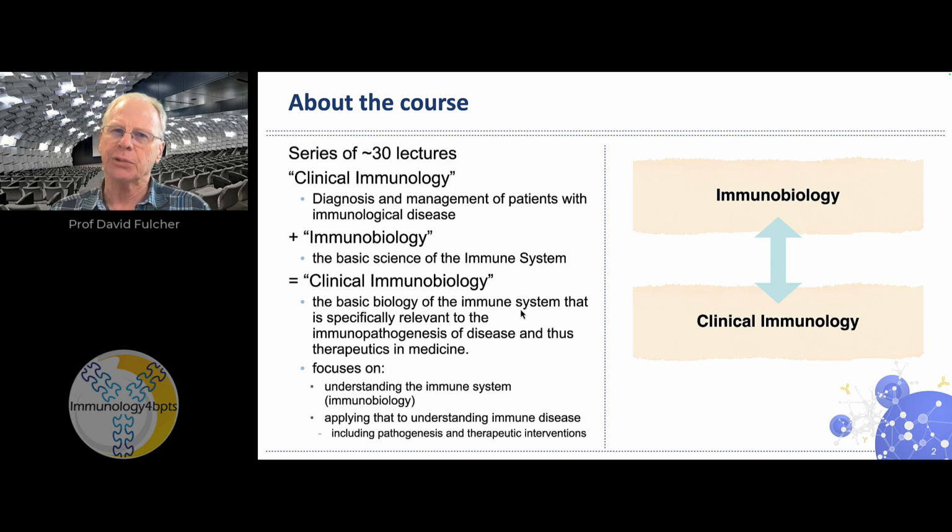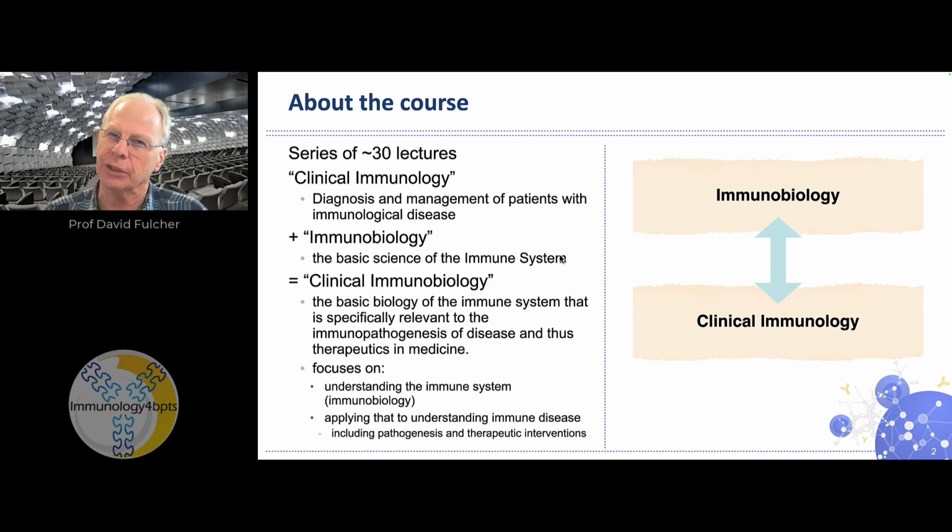So it aims to combine clinical immunology, the diagnosis and management of patients with immunological diseases, in the context of the immunobiology, namely the basic science of the immune system. It aims to teach the basic science, those fundamental building blocks of our immune responses, and then make that interesting to doctors by illustrating how that biology is useful for understanding immunological disease and treatments that are based on this immunobiology.